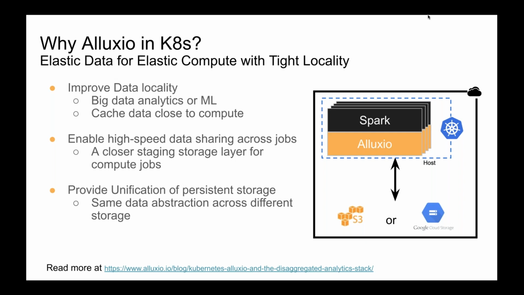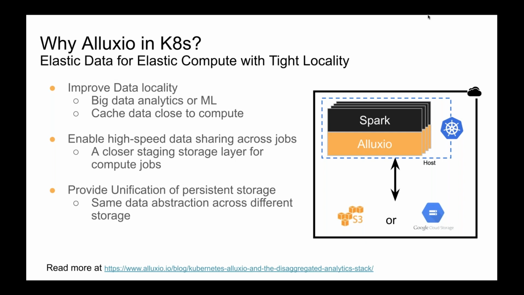And one more benefit of having Alluxio here is to provide a unification for persistent storage. The same data abstraction can be applied across different storage like GCS, or if you also have an on-premise data warehouse you want to access, you can mount different data storage sources into the Alluxio data abstraction, this logical file system.